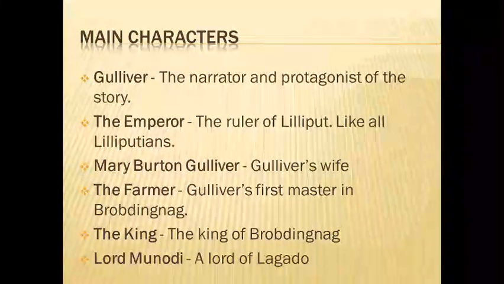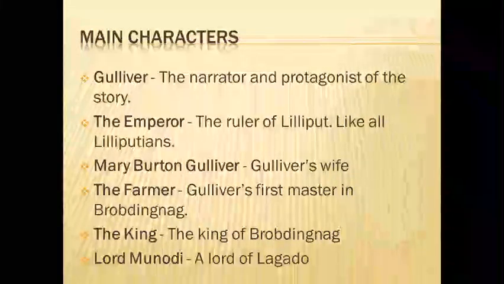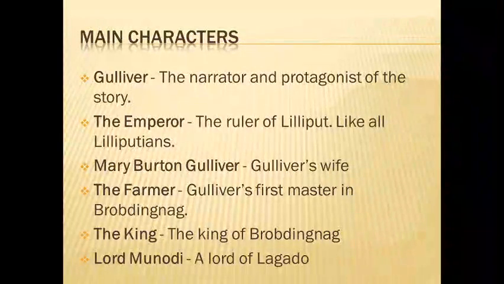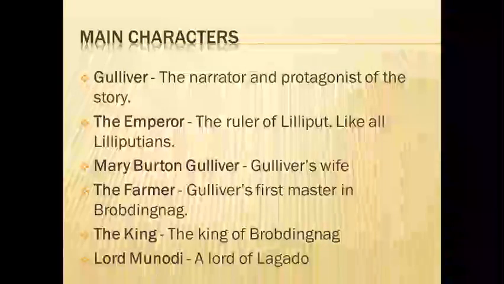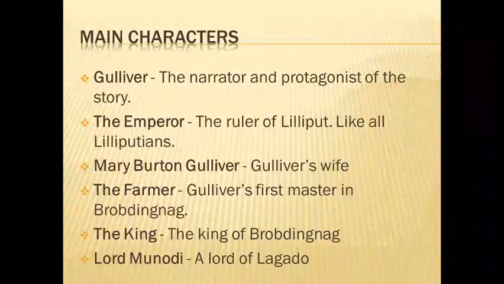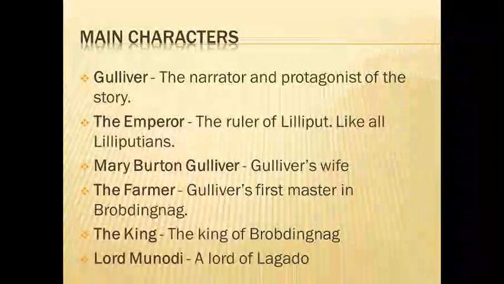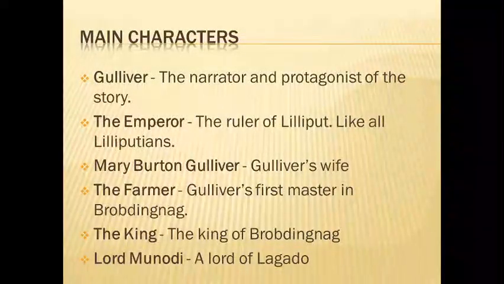The king of Brobdingnag, in contrast to the emperor of Lilliput, seems to be a true intellectual, well versed in political science among other disciplines, while his wife has an intimate, friendly relationship with the diminutive visitor. The king's relation to Gulliver is limited to serious discussions about the history and institutions of Gulliver's native land.